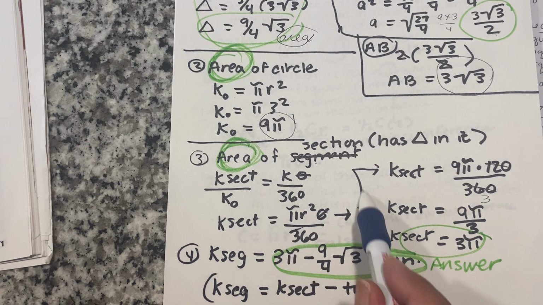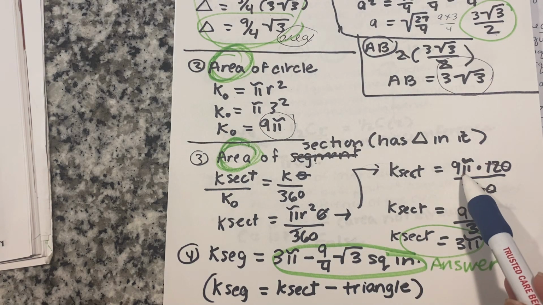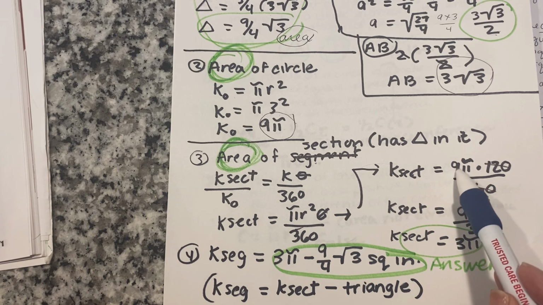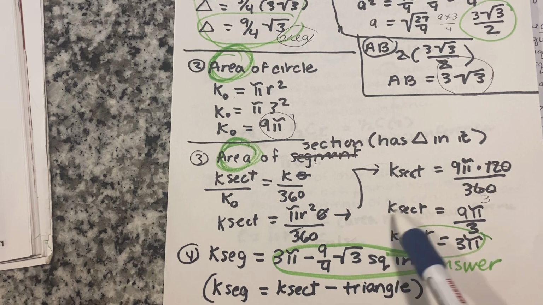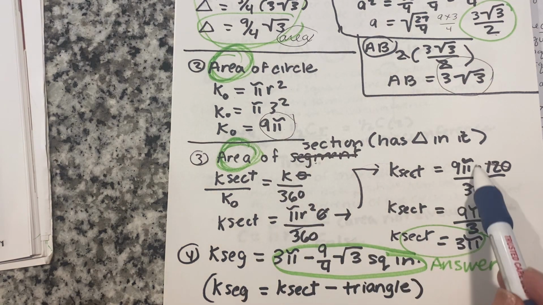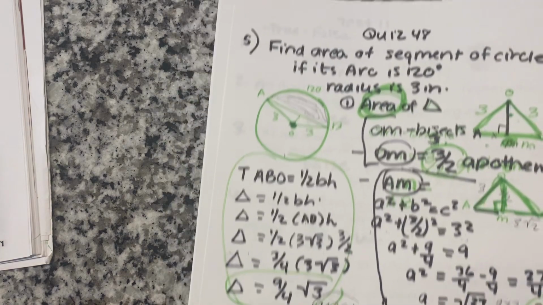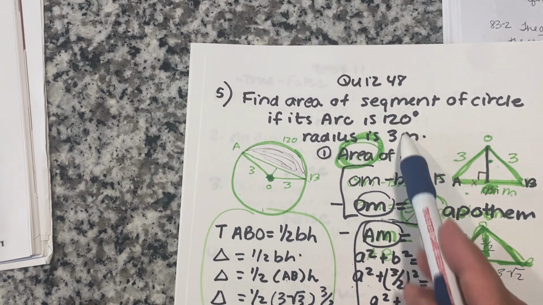Okay, so let's go up here. We put in pi r squared, which we found to be 9 pi. Then what does it say our arc is? 120 degrees.